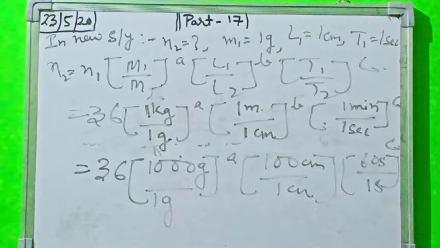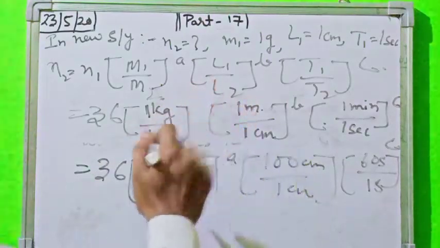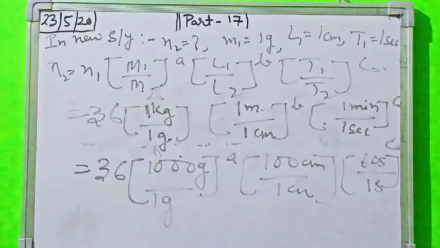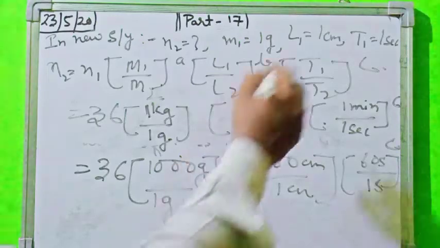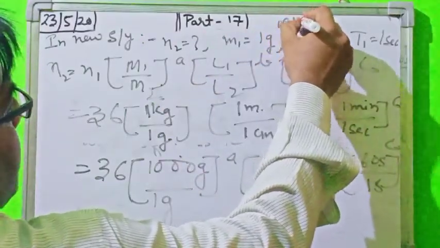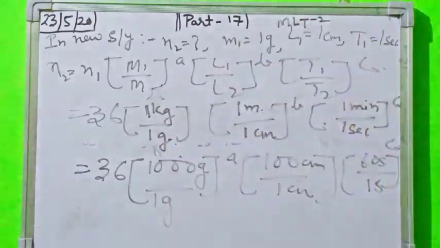Clear? So we can compare a, b and c with the dimensions M L T minus 2, as in the starting we took force F is equal to M L T minus 2.